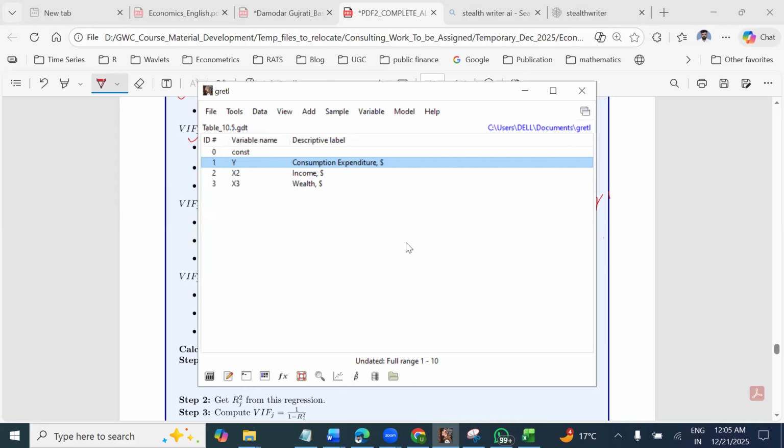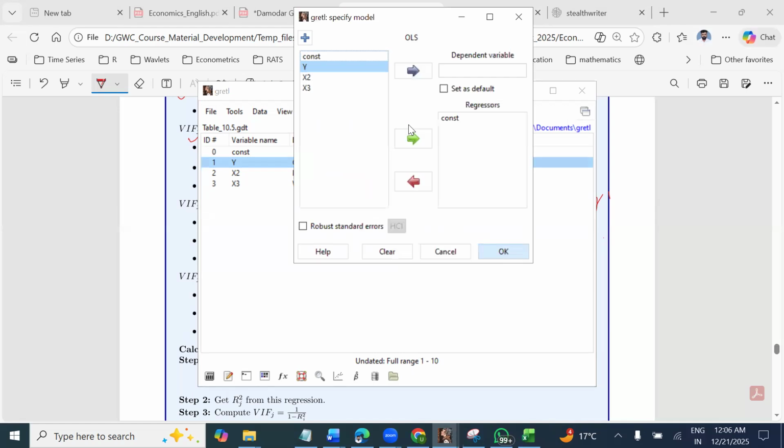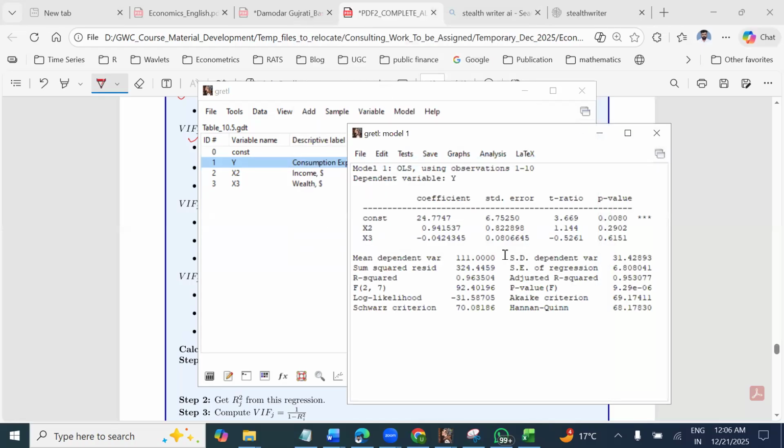What is my dependent variable? Consumption. Yes, sir. And my independent variables are X2 and X3. Now I will simply estimate the linear regression model. This is my Y, this is my X2, this is my X3. Okay, so simply I will say okay.